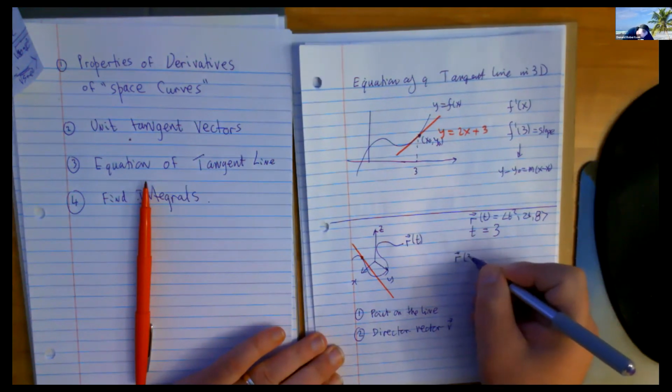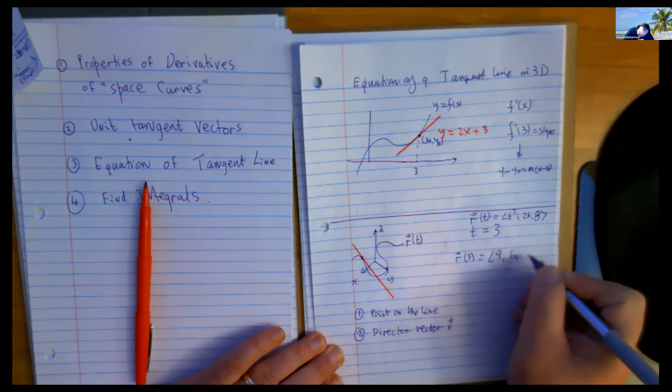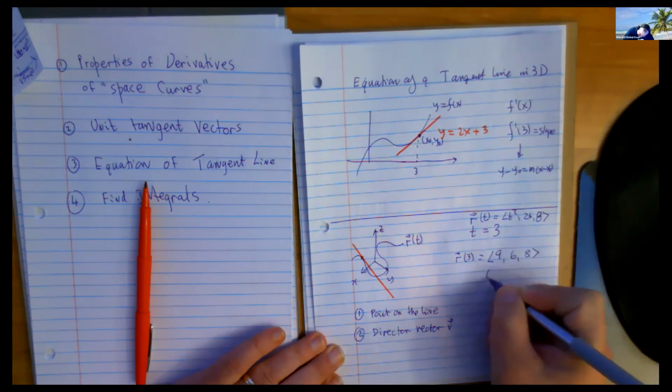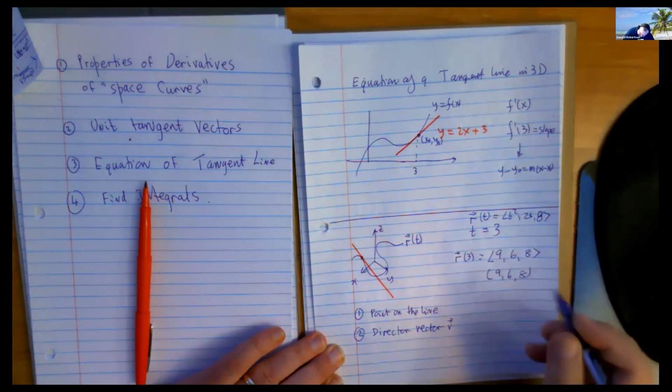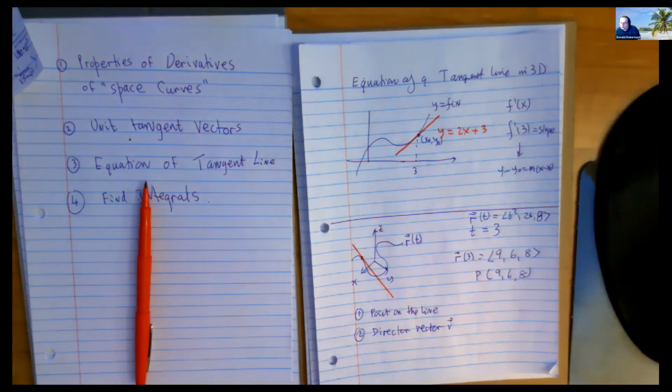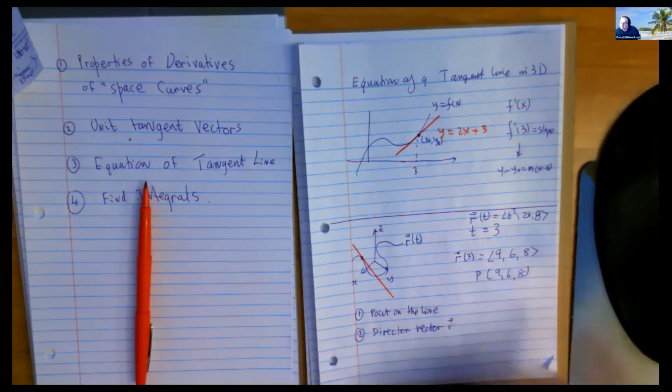Well, if you plug 3 into here, you'll get 9, 6, 8. Doesn't that transfer, because this is a position vector, doesn't that transfer into the point on the curve? So that point there would be 9, 6, 8.